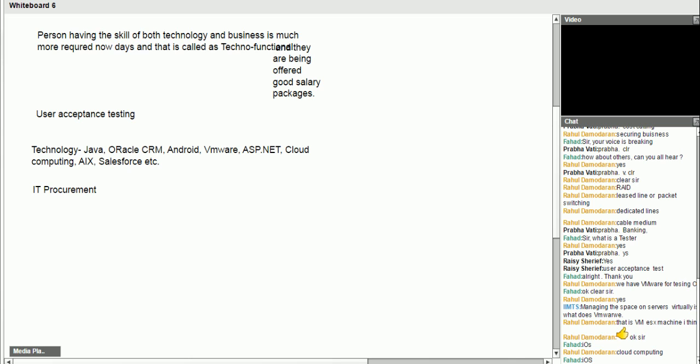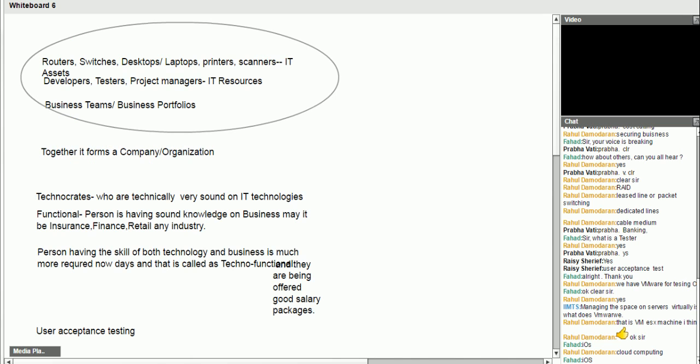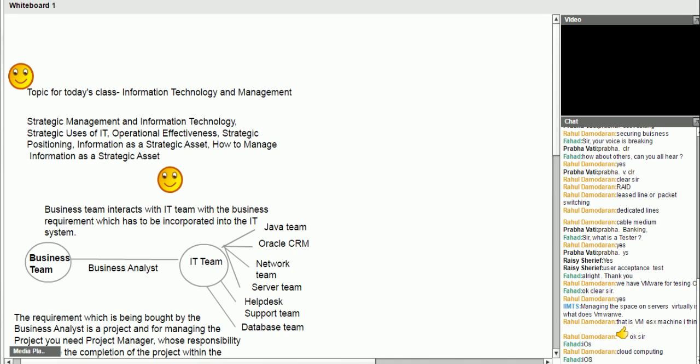The IT procurement department is responsible for purchasing of IT assets. That is all about IT management. IT management is nothing beyond all these things which I have told you right now.